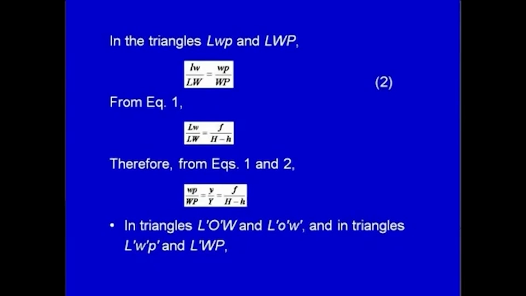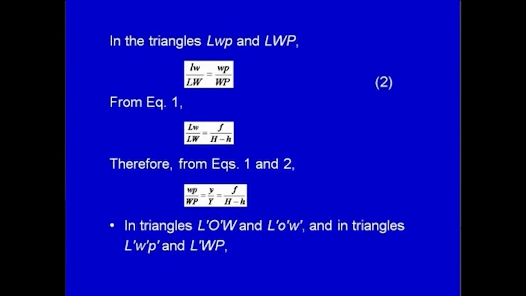Now, in the triangles L w p and capital L capital W capital P, L w divided by capital L W is equal to small w p divided by capital W P. From this we can see that L w divided by capital L W is equal to f over H minus small h.